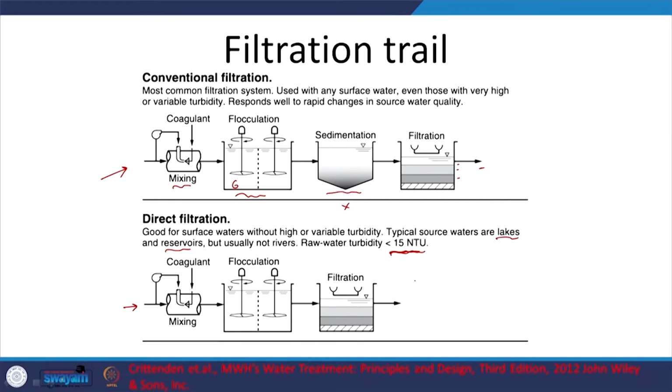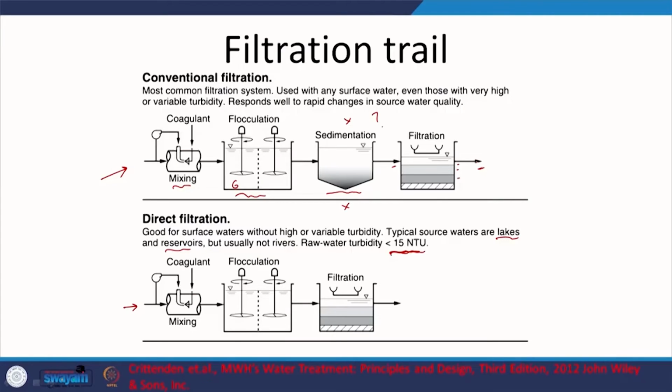But one aspect to keep in mind is that even here if you remove sedimentation, what is going to happen? You have the much bigger particles which will be deposited here, or will choke up your filter, right, very quickly. What happens over time? The particles that you are filtering out will be retained there, right. After some time you have to clean it, what we refer to as backwash.